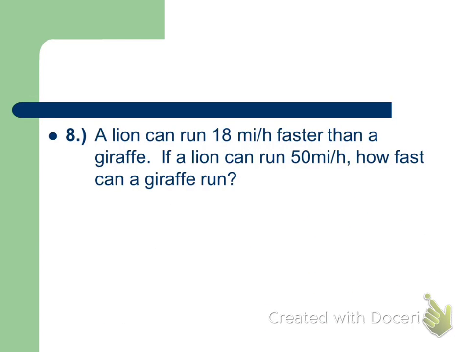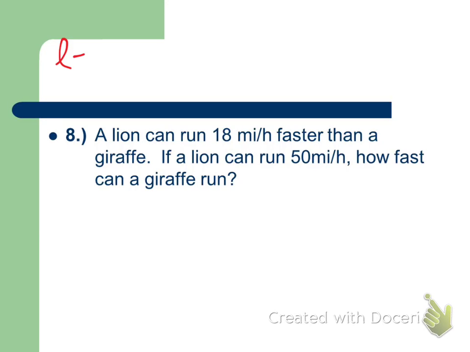Number 8 says a lion can run 18 miles an hour faster than a giraffe. If a lion can run 50 miles an hour, how fast can a giraffe run? Okay. So, for our variables, technically we already know one of them, but I'm just going to set it up.